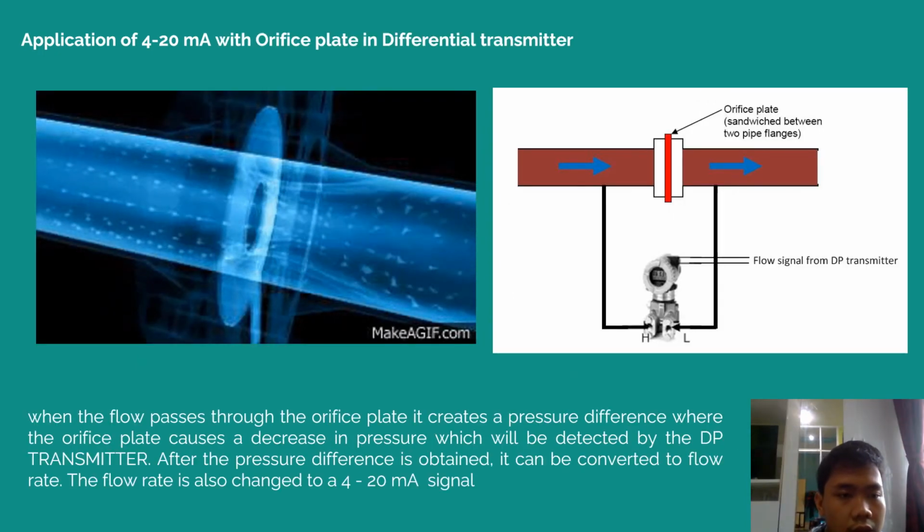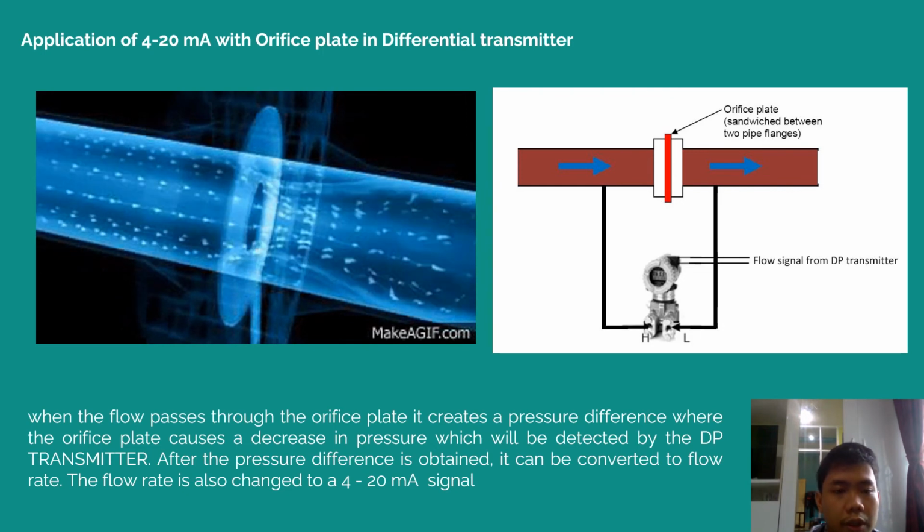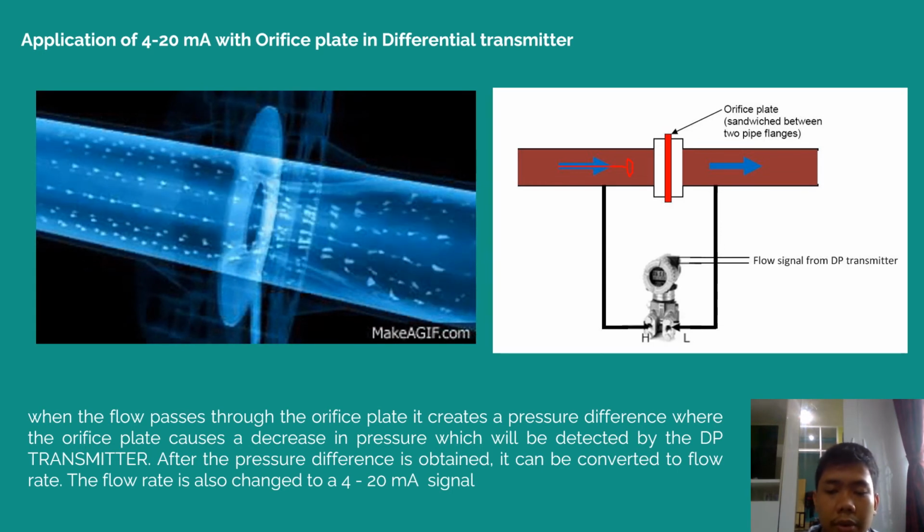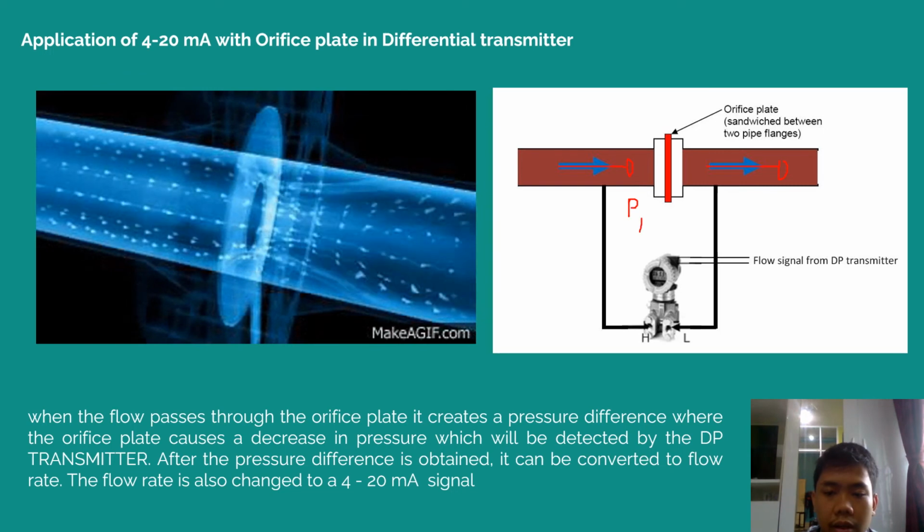Okay, next is the application of 4 to 20 milliampere with an orifice plate and differential transmitter. When the flow passes through the orifice plate, as you can see in the figure, it creates a pressure difference between P1 and P2.